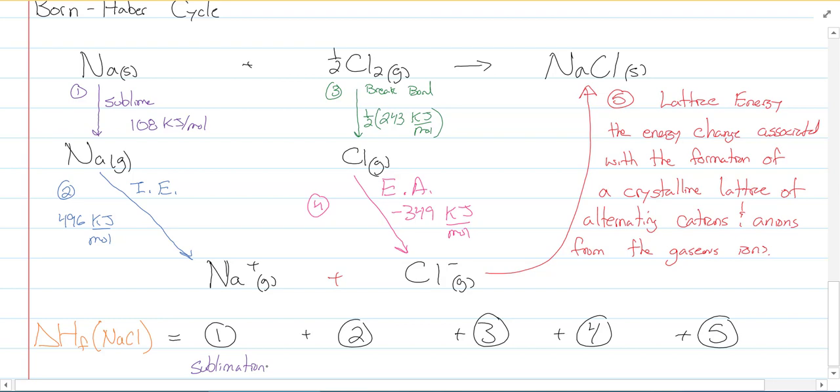The second one we said was ionization energy. Third one was bond dissociation. Fourth one was electron affinity. And the last one, 5, was the lattice energy. Excellent.